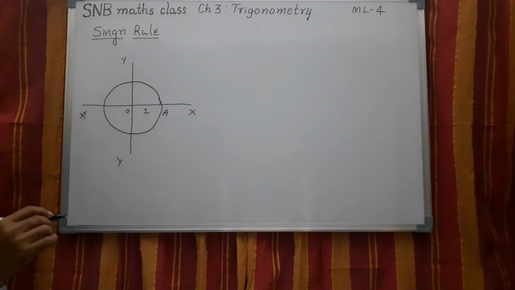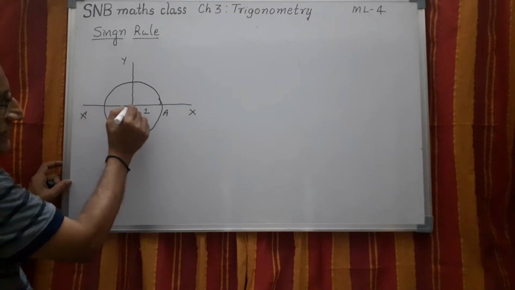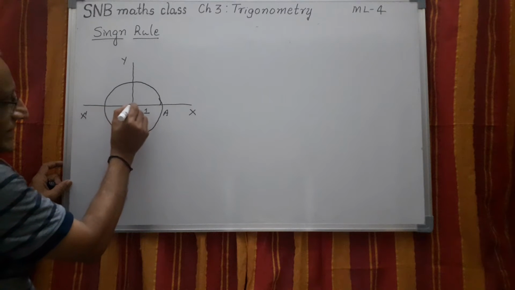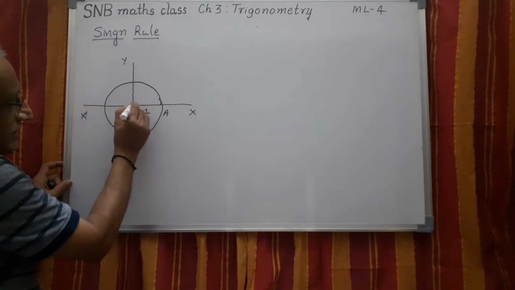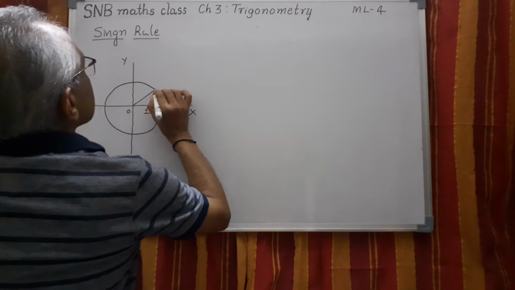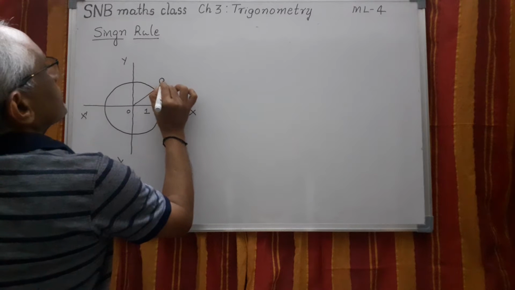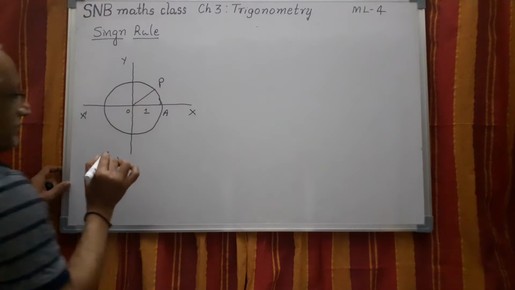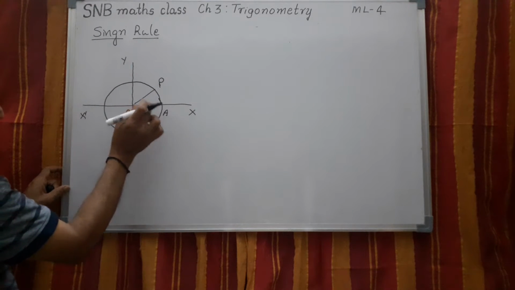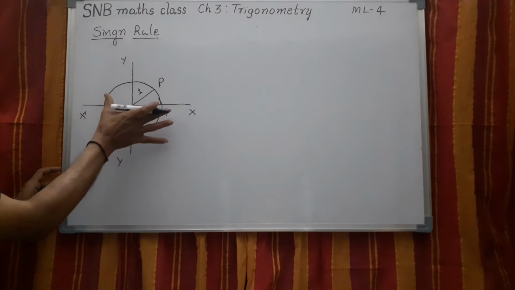Now we know that to define a trigonometric ratio, we should take one circle, one radius. Let us say for example, this radius I am taking. Say this point is P. Now since this radius is 1, this is also 1. Now this is in the first quadrant.